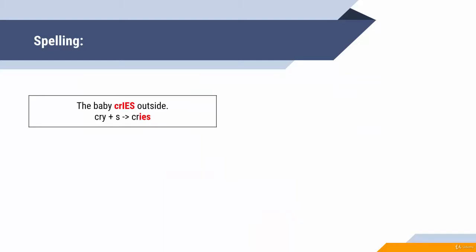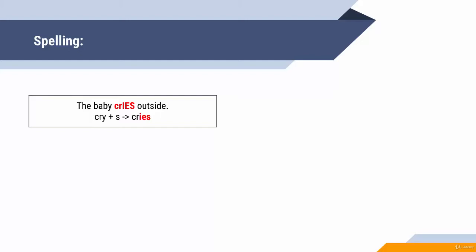Spelling rules. And yes, there are some things that you need to memorize, that you need to remember. But in fact, do you remember when we spoke about the plural forms of the nouns? Baby, babies, dictionary, dictionaries. Right. I told you that in that situation, it's important to remember the rules.